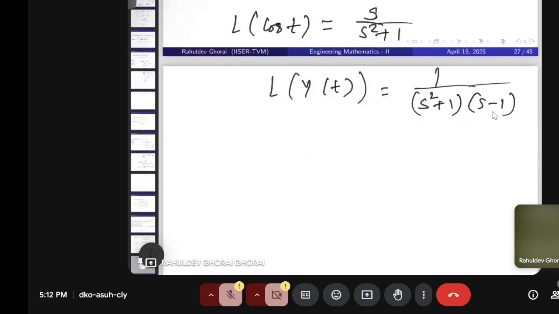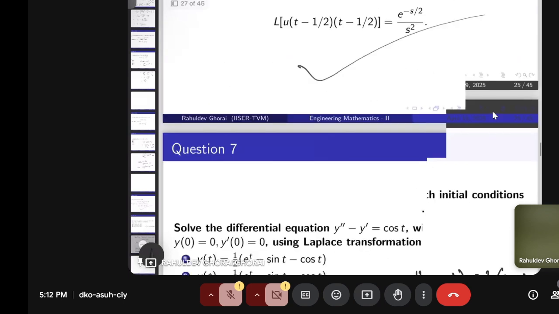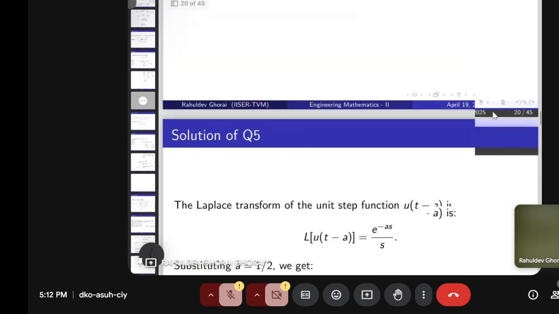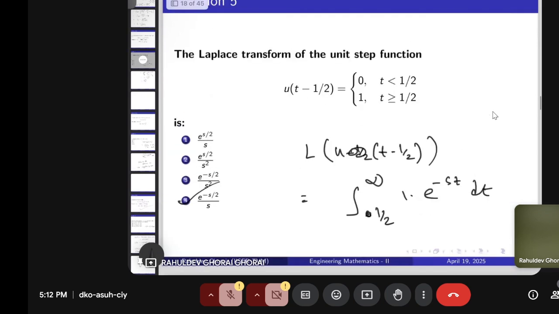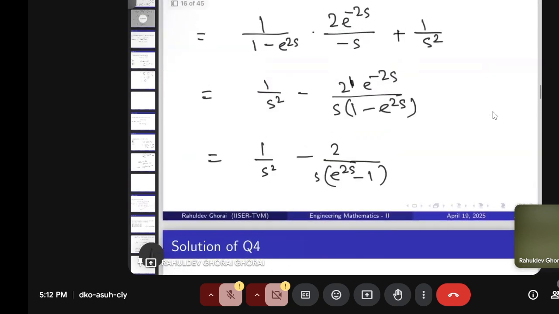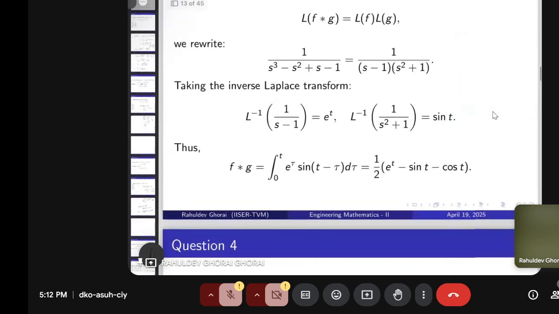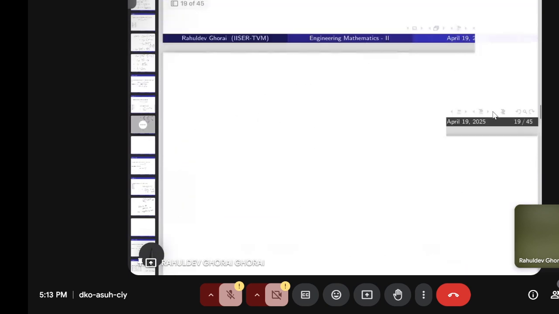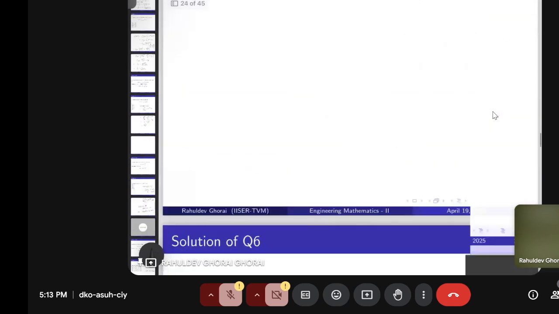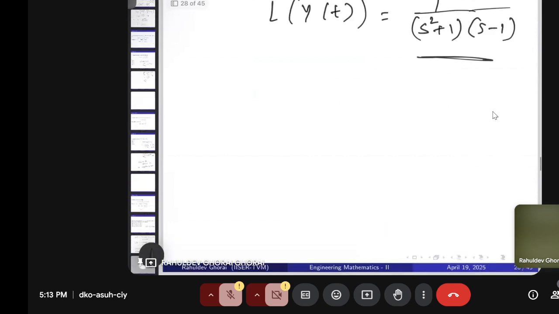So now if you take the inverse Laplace transformation, we have already done this kind of thing: (s minus 1) times (s square plus 1). You see s minus 1 and s square plus 1, the solution is the same, half e to the power t. So you do it the same way again, and I'm just leaving it to you.